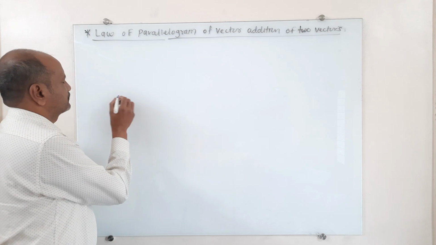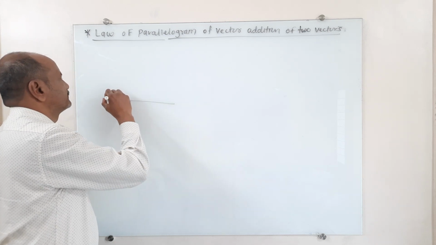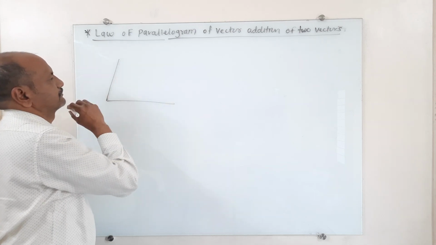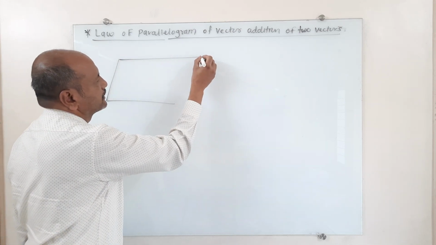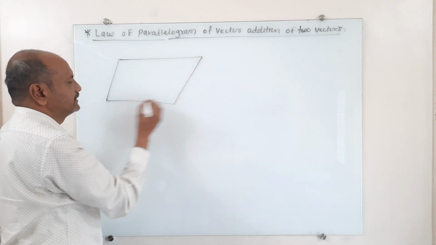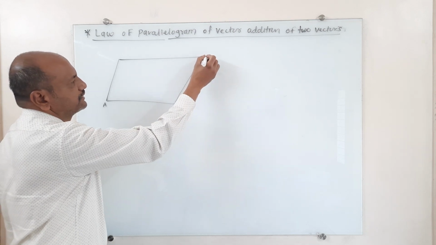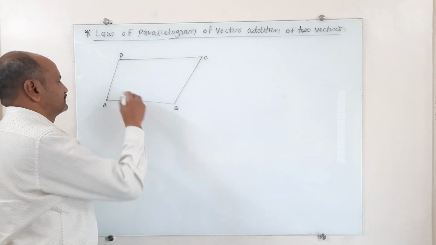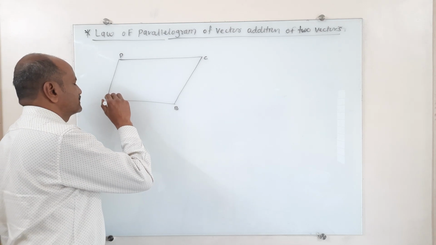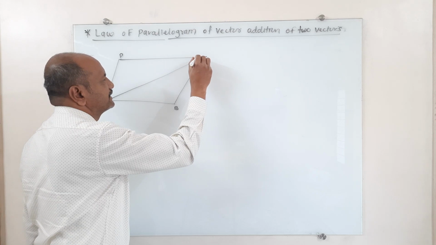Consider we have parallelogram ABCD, and the diagonal starting from point A is AC.